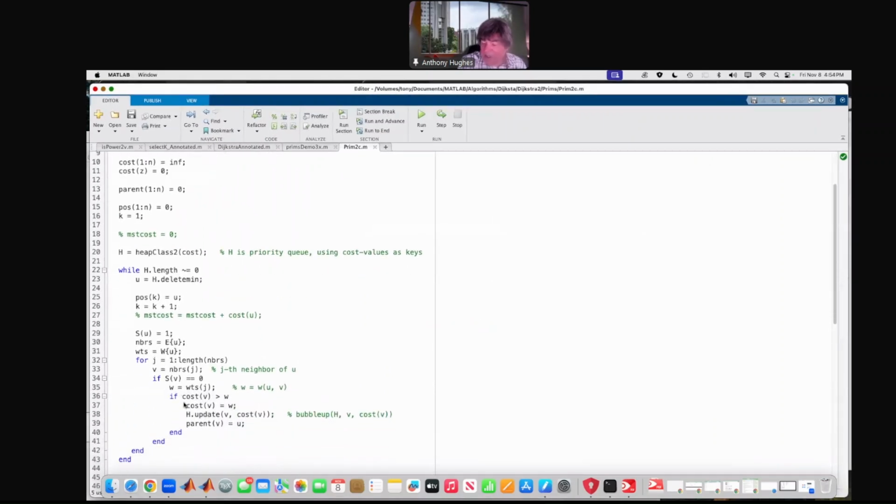And it's right here. If the cost of V is bigger than W, where W is the weight from U to V, then we update. That's it. That's the entire thing. We have a cost of adding vertex V into the minimal spanning tree, and if the new cost is smaller, then we bubble up, just the same as we do for Dijkstra.